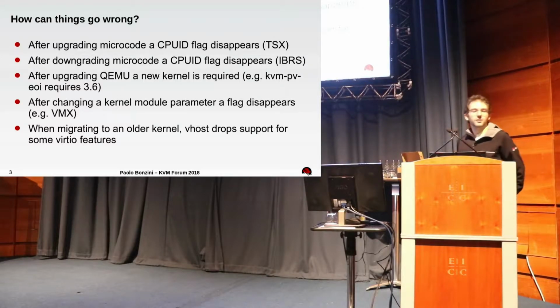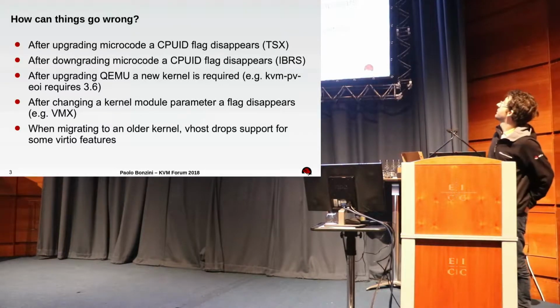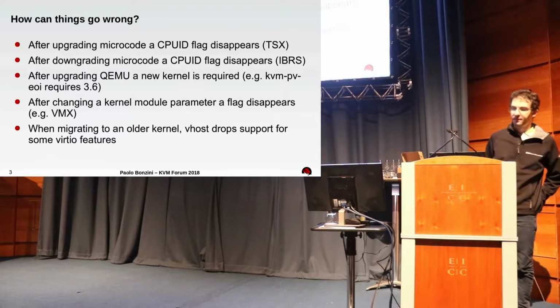Another possibility is that you upgrade QEMU, and a new kernel is required. For example, QEMU adds support for KVM PV EOI by default, and that requires Linux 3.6. And this new kernel is newer than what you have on your machine, and your machine doesn't have the KVM PV EOI flag, and QEMU complains and doesn't start your virtual machine.